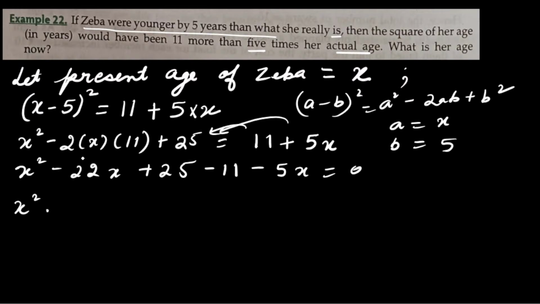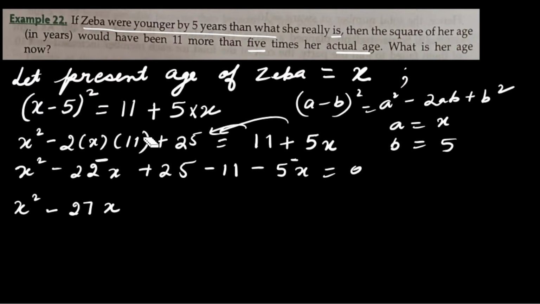So x square, see here minus 22 and minus 5, these are like terms. Minus minus is plus with a minus sign.